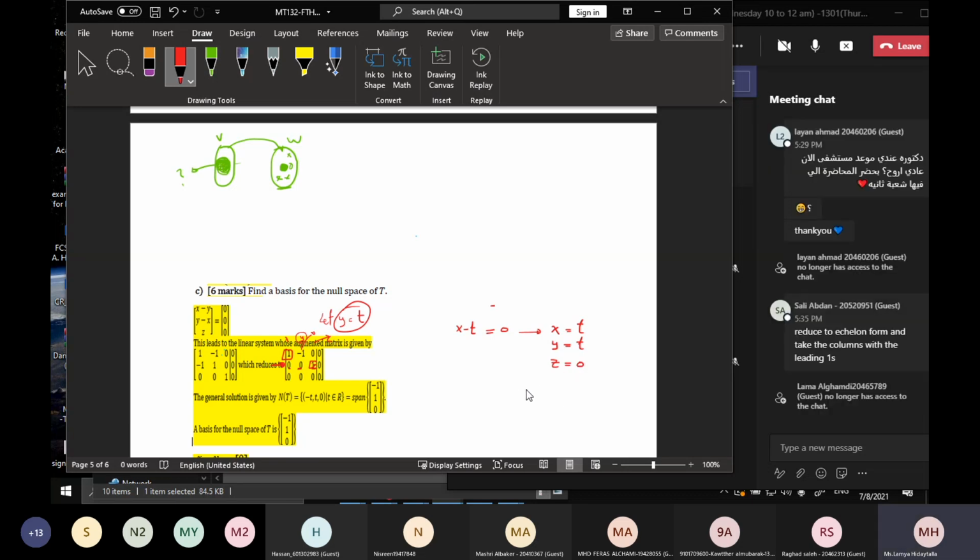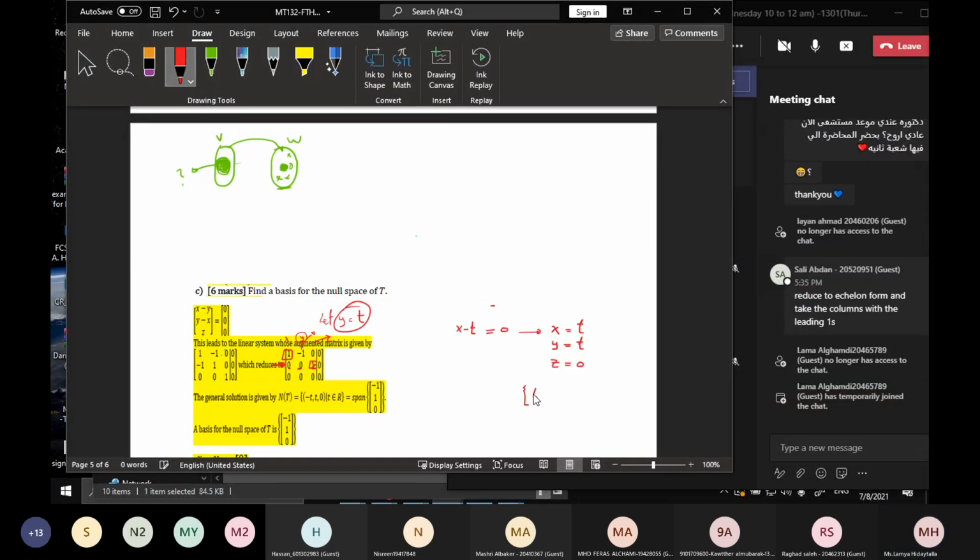So what is your solution? It is the set of vectors (t, t, 0) such that t belongs to R. Or you can write it as t multiplied by (1, 1, 0).